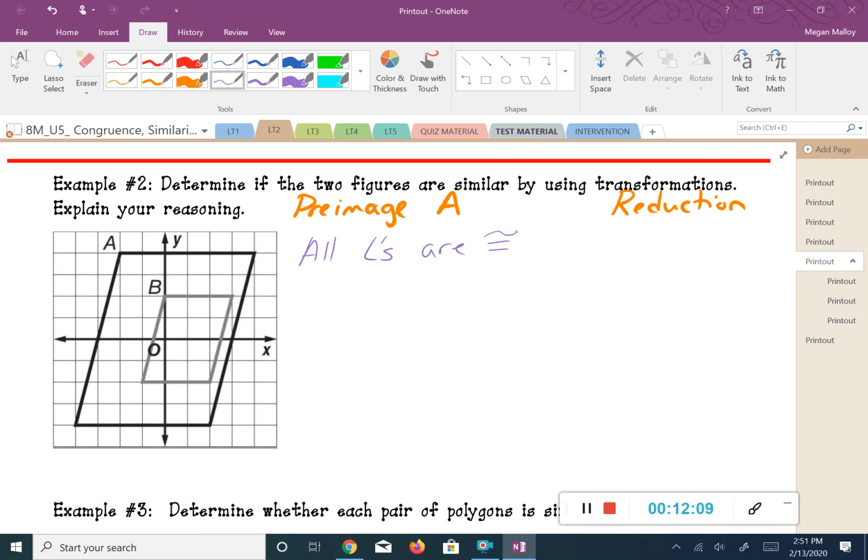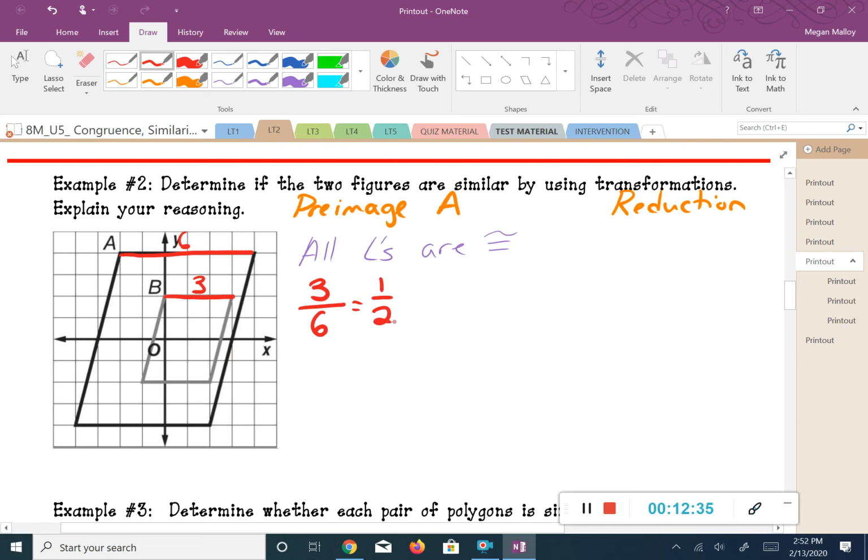So I'm going to look at first the top portion of both figures. If I'm going from A to B, my dilated image would be B, which that side length is 3. So that would be 3 over 6, which reduces to 1/2.